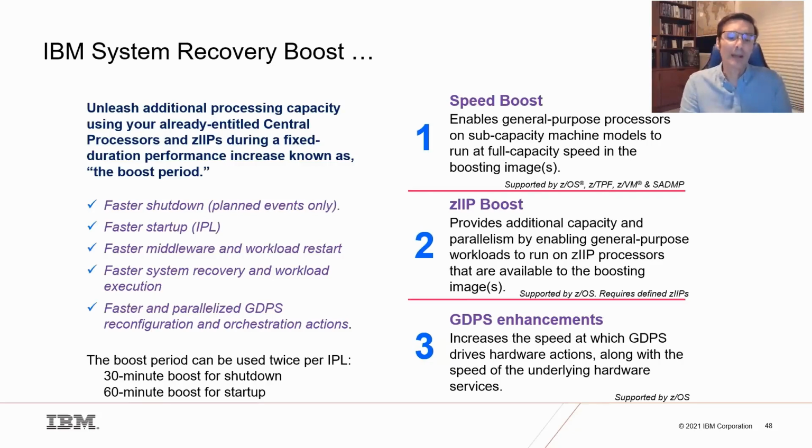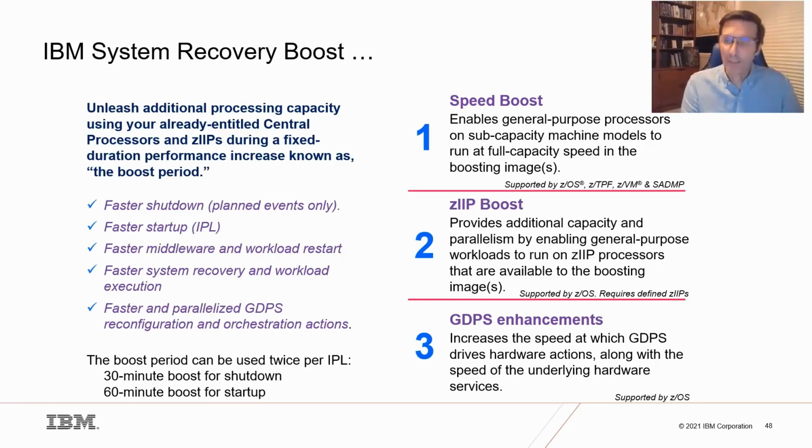So let's talk a little bit about the boosting periods. You can use them twice per IPL. There's a 30-minute boost for shutdown, and there's a 60-minute boost for startup. So when I'm shutting down, I'm going to invoke a proc to kick off the shutdown boost. And that is going to give you more horsepower for a 30-minute period of time while you shut down your system.